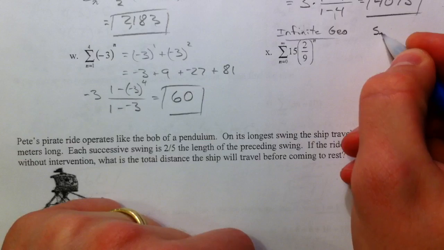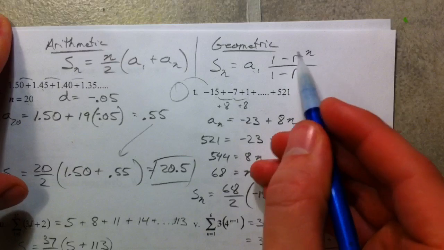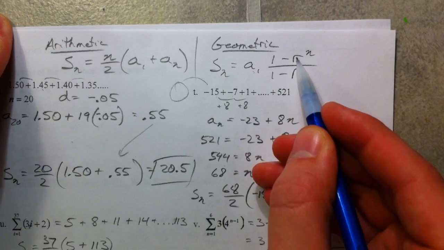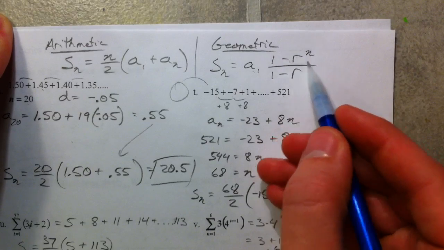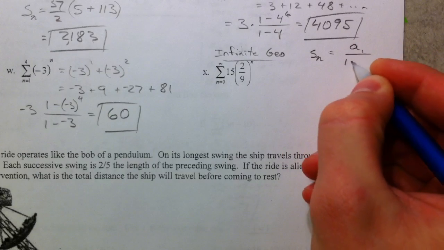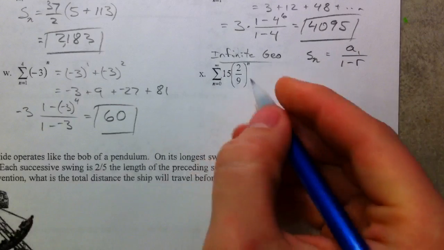And so we're going to use the fact that if you use this equation up here, anytime r is less than 1, this is going to go to 0. If you multiply by a number less than 1 and you do it an infinite amount of times, this is going to go to 0. So you end up with an equation that looks like this: a sub 1 over 1 minus r.